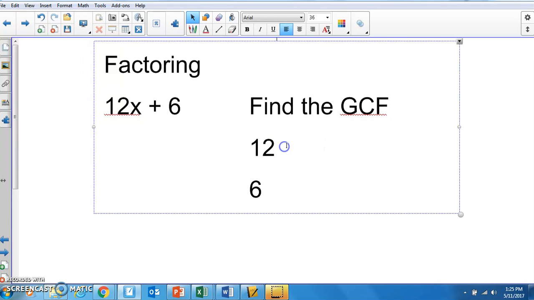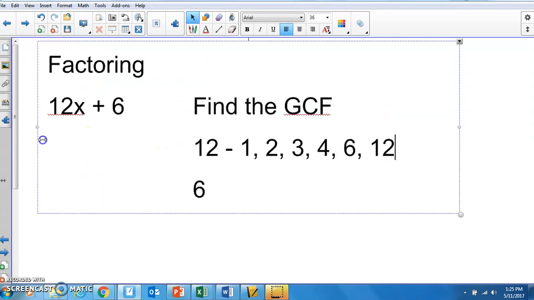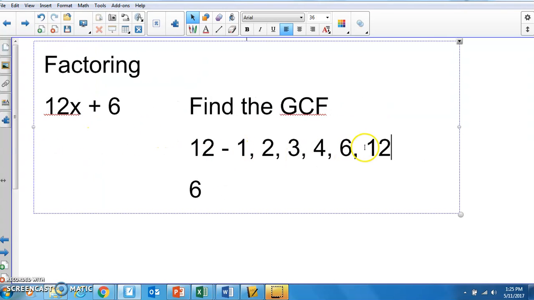So if I list the factors of 12, that gives me 1, 2, 3, 4, 6, and 12, because 1 times 12 is 12, 2 times 6 is 12, 3 times 4 is 12. So if I do the same thing with 6, I want to find the factors, or the numbers that multiply to get 6. I know 1 times 6 is 6.